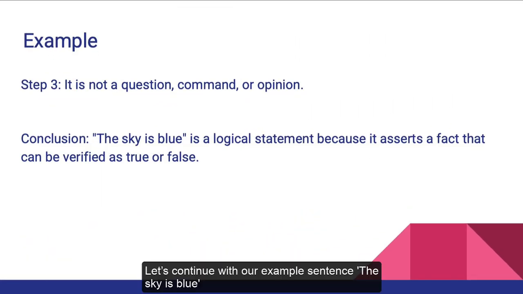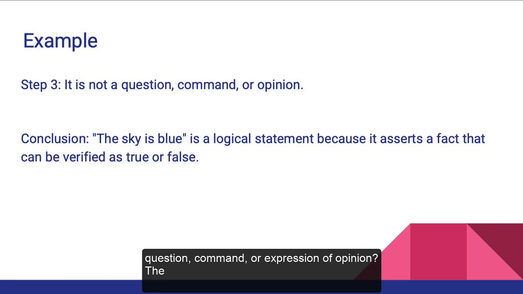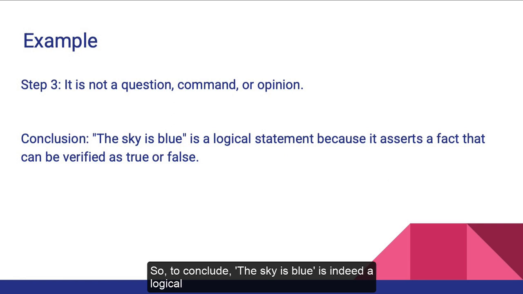Let's continue with our example sentence, "The sky is blue," and apply the final step in our criteria for identifying logical statements. Step 3. We ask, is this a question, command, or expression of opinion? The answer is no. It's a straightforward factual assertion. So, to conclude, "The sky is blue" is indeed a logical statement.